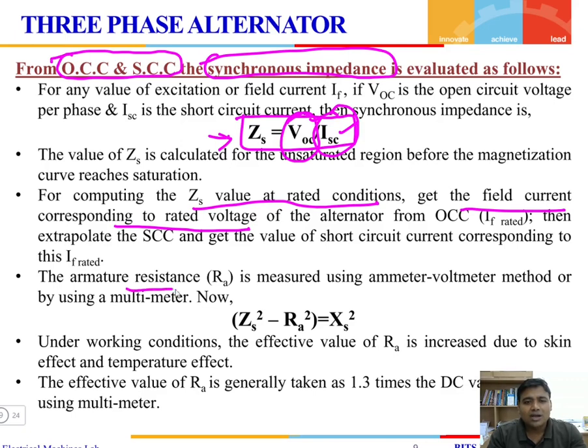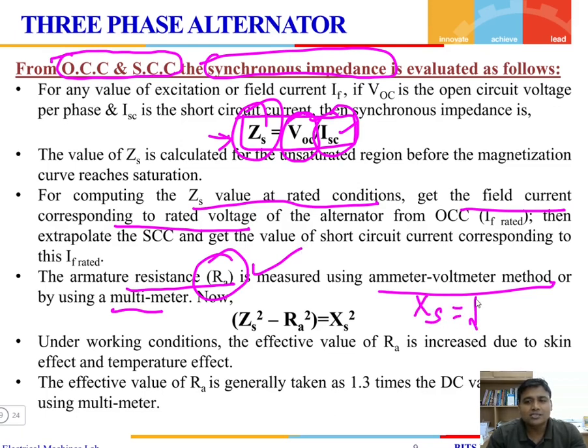Also, the armature resistance is measured using the ammeter-voltmeter method or a multimeter. ZS we have determined, armature resistance we have measured, so we can easily determine the value of XS. XS is basically the square root of ZS squared minus RA squared, because this is a complex quantity.